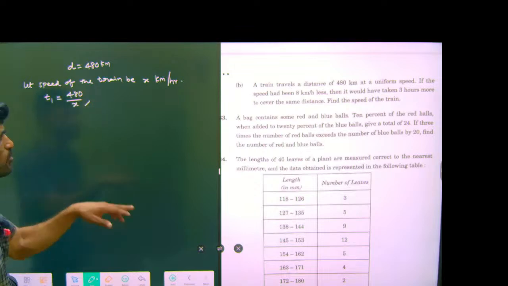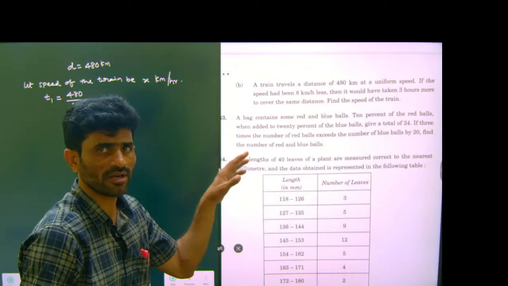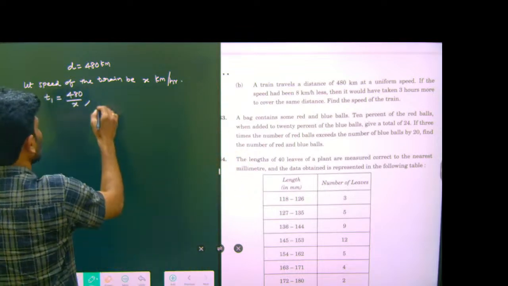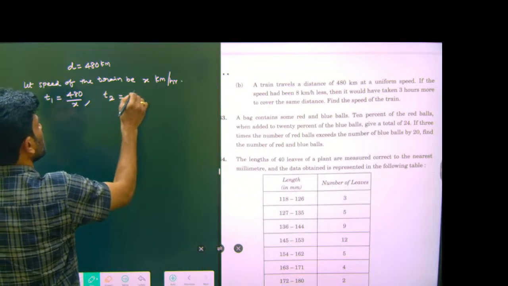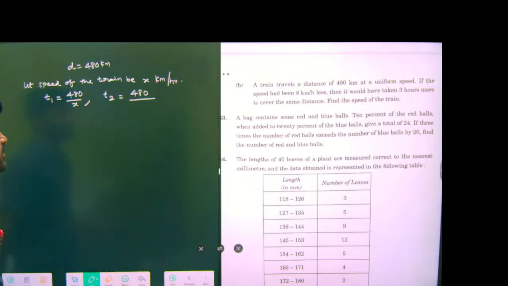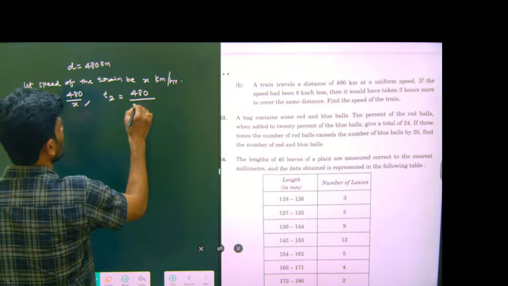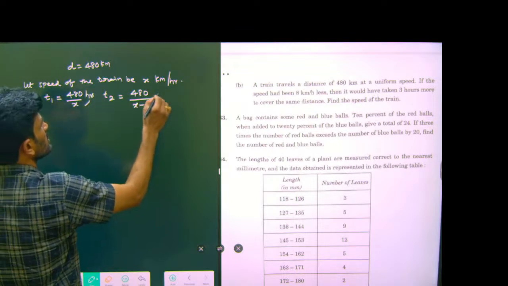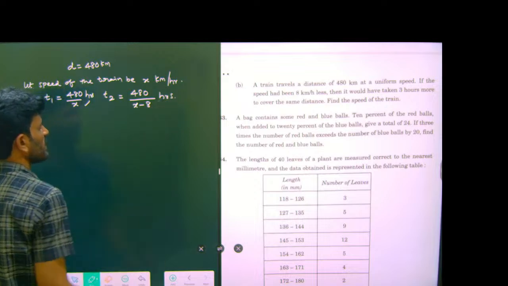But in the second case, what happened? The speed is 8 kilometers per hour less. Then time taken by the train in the second case will be, distance is 480, but because speed is decreased by 8 kilometers per hour, speed will be x minus 8 in this case. T1 is 480 by x hours. T2 is 480 by x minus 8 hours.